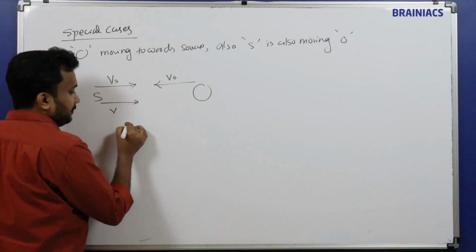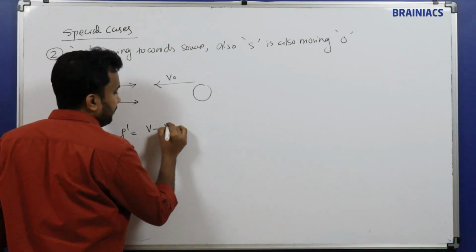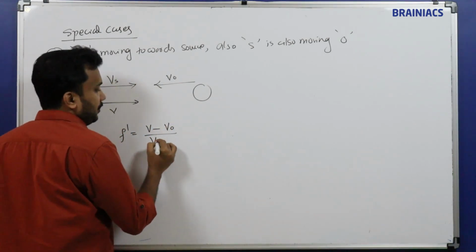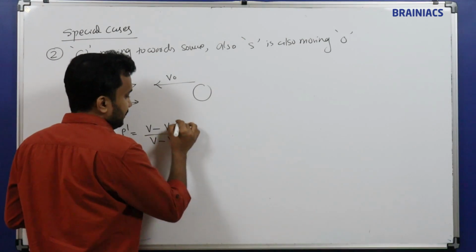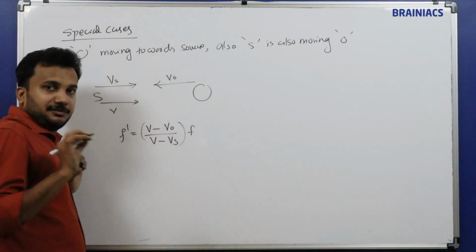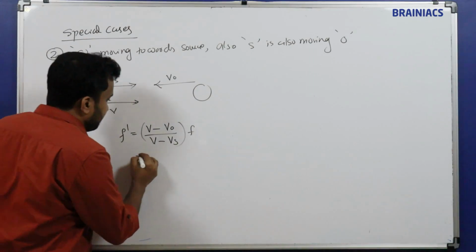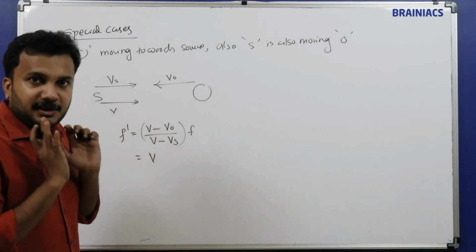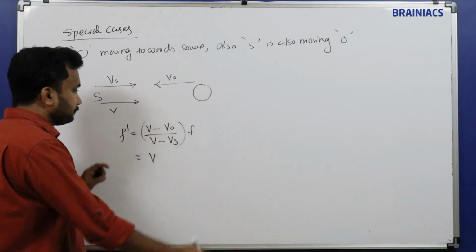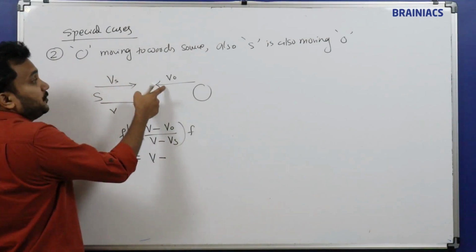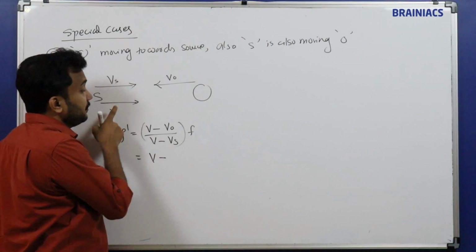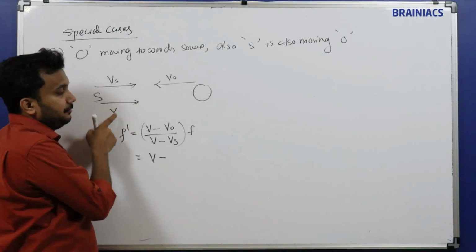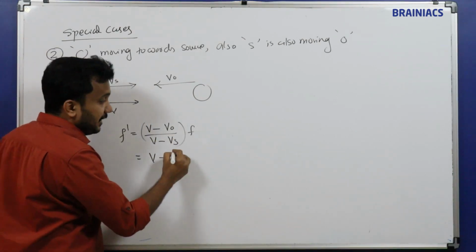We will write our general formula first: (V minus V0) divided by (V minus Vs), into F. Then we have to apply the sign convention. In the direction of V, Vs is positive, and opposite is negative. But the observer's velocity is in the opposite direction to V, so that's why there is an extra negative.